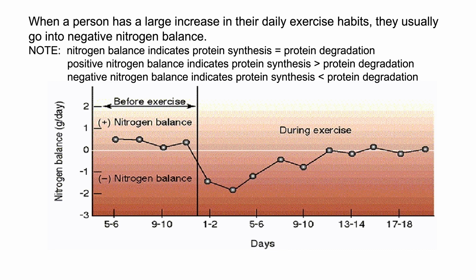Moving on, one thing that needs to be paid attention to is, we've talked about protein breakdown, but in particular is what we refer to as nitrogen balance. When a person has a large increase in their daily exercise habits, they usually go into a negative nitrogen balance.